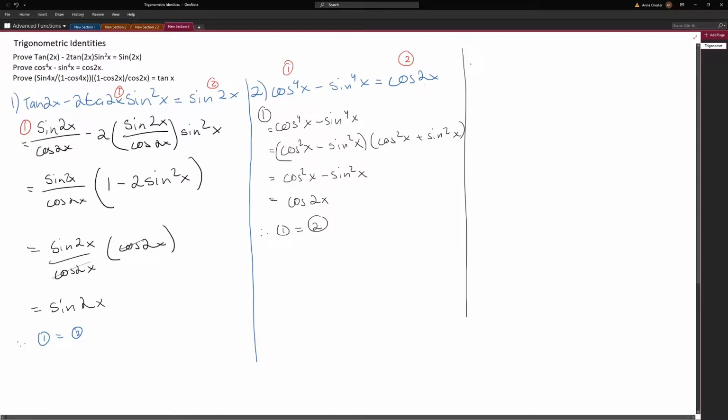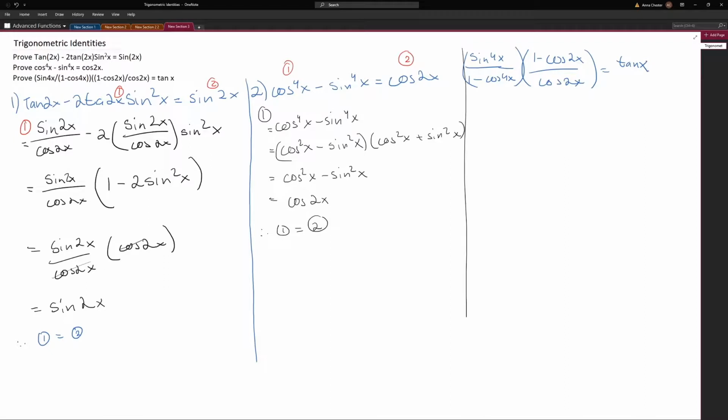Our identity is the following. Sine 4x divided by 1 minus cos 4x times 1 minus cos squared x over cos 2x is equal to tan of x. This seems a lot more difficult than the ones we've done before, right?